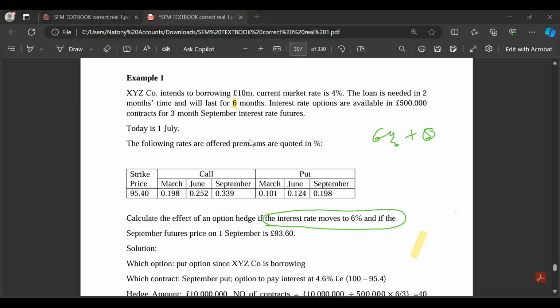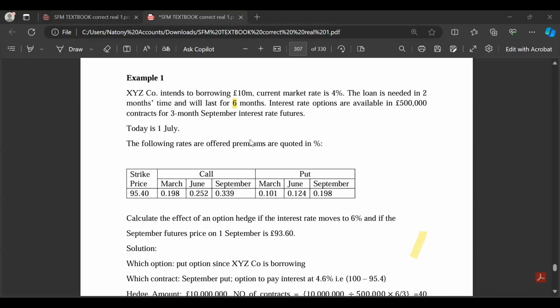The loan is needed in 2 months' time and will last for 6 months. Interest rate options are available in 500,000 pounds sterling contracts for 3 months. The September interest futures are as follows, in this table here.